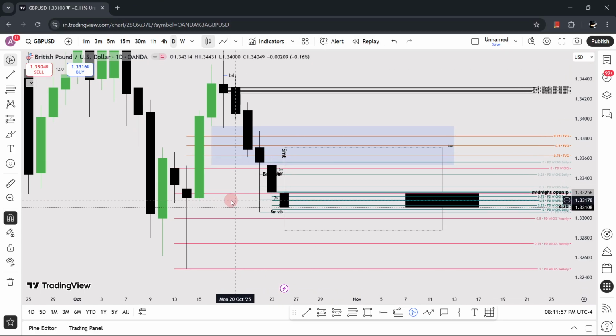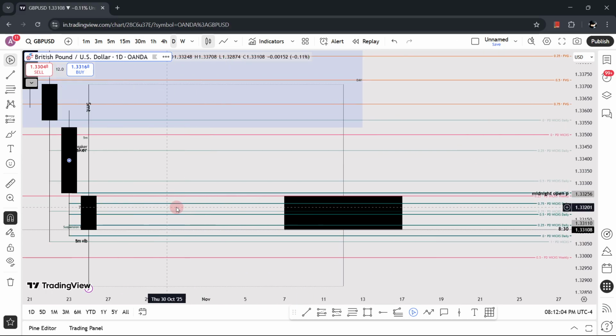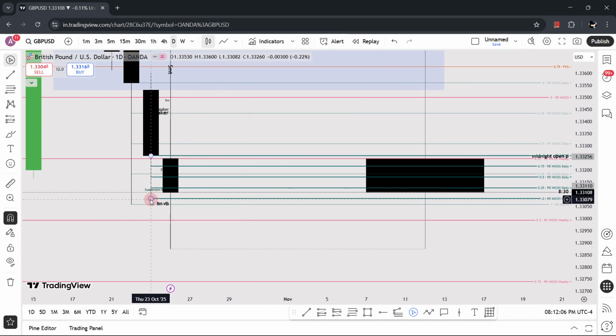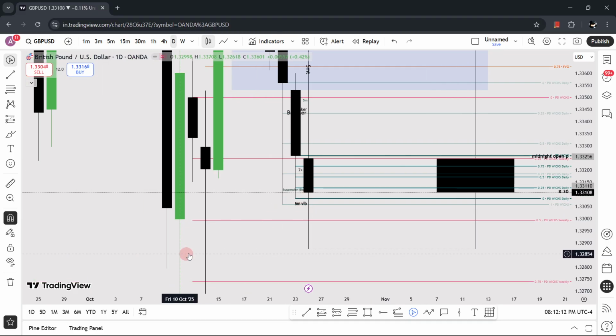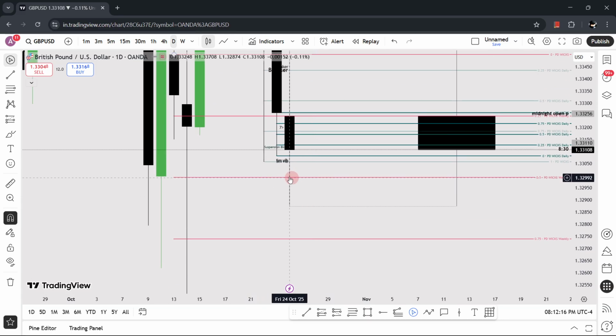I can see yesterday we opened here, taken the previous 2 days' relative lows, and went all the way to the midpoint of the previous week's weekly discount.